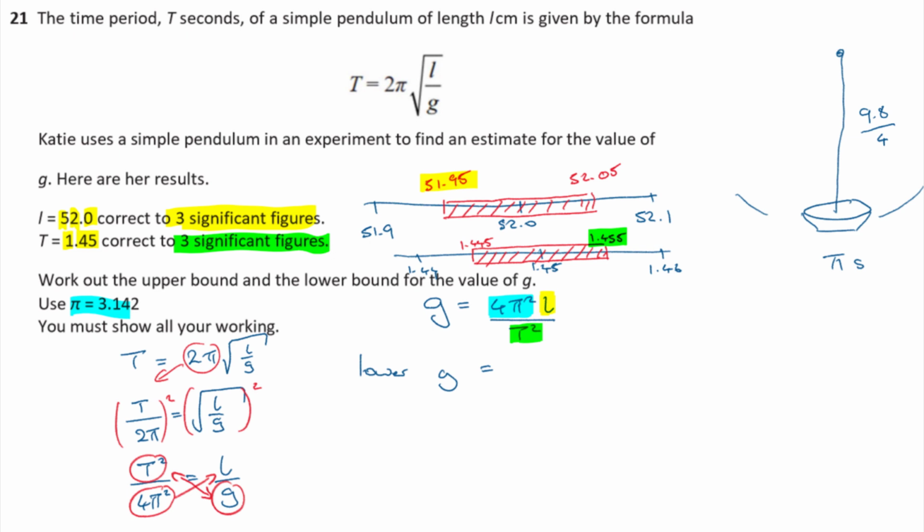So subbing those values in, so that's 4 times 3.142 all squared times L, I'm going to use 51.95, the lower bound, divided by the upper bound of t, which is 1.455. Okay, so what does that come out to be?